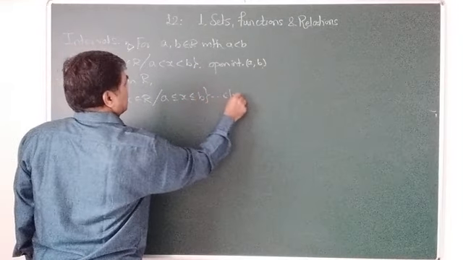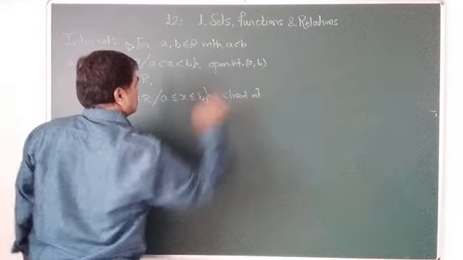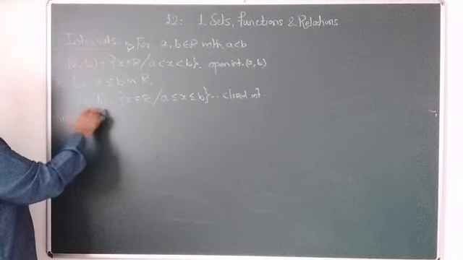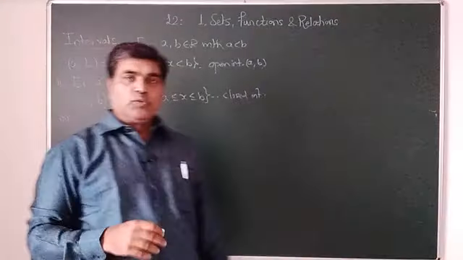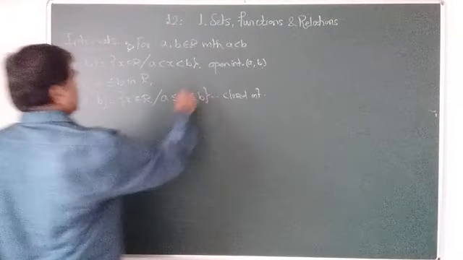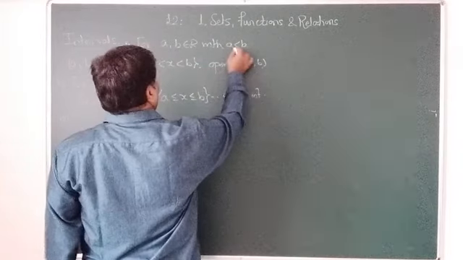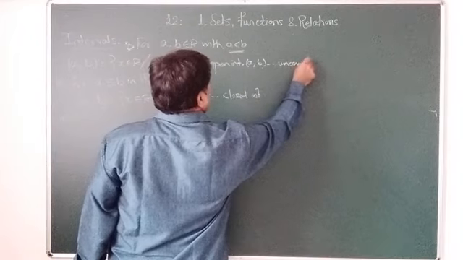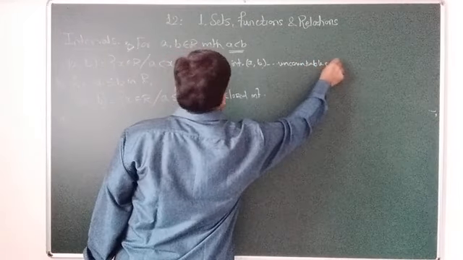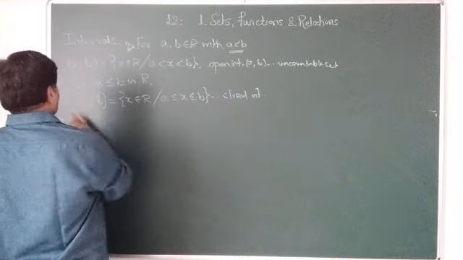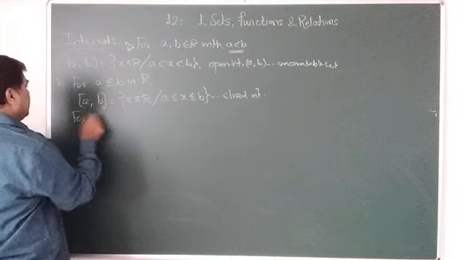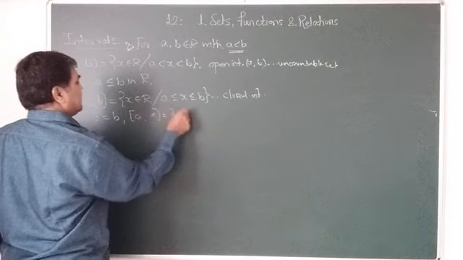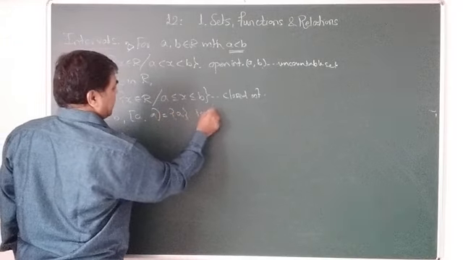This is the closed interval. For a less than b, the open interval (a, b) is an uncountable set. For a equal to b, the closed interval [a, a] is a singleton set, which is finite.